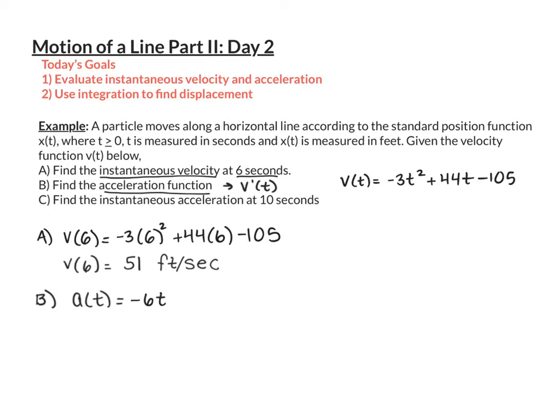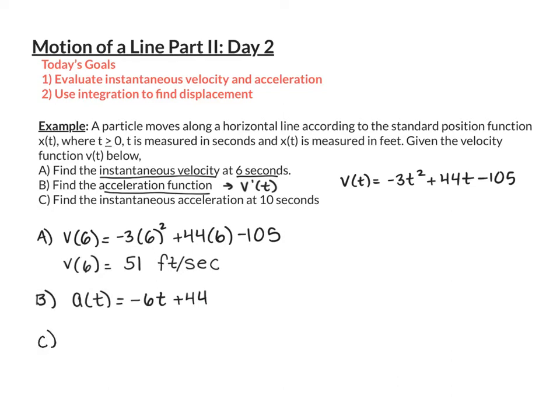Then take the t and drop the exponent of 2 down by 1, so it's just 6t. And then for 44t, the derivative is just 44. For the last term, the derivative of a constant is 0, so I don't have to add anything. So that's part B, my acceleration function.